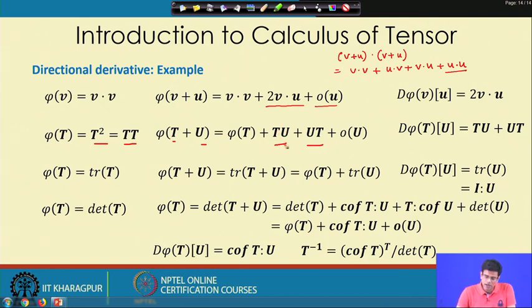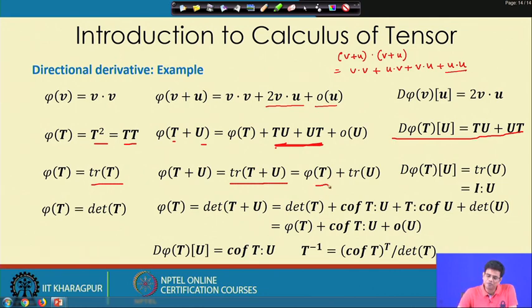So, that is the directional derivative, T u plus u T. Now, suppose one of the popular functions we know today is the trace of T. Trace is a linear function if you look carefully. I think I have also discussed this. So, trace of T plus u is essentially trace of T plus trace of u.